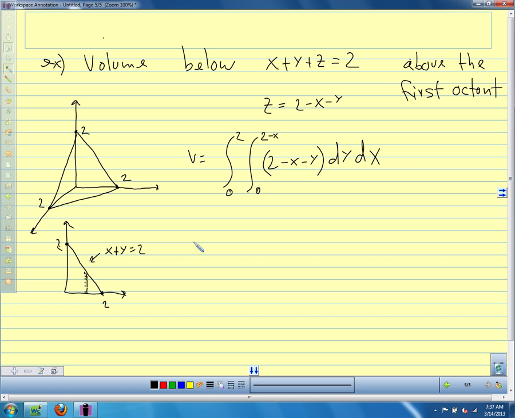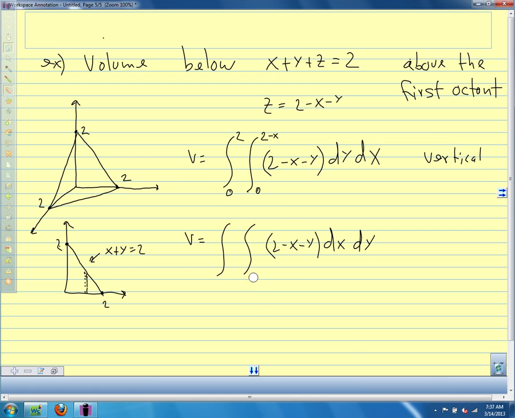And if I do the horizontal rectangle, so this is vertical, x is going to go from 0 to 2 minus y, and y is going to go from 0 to 2.